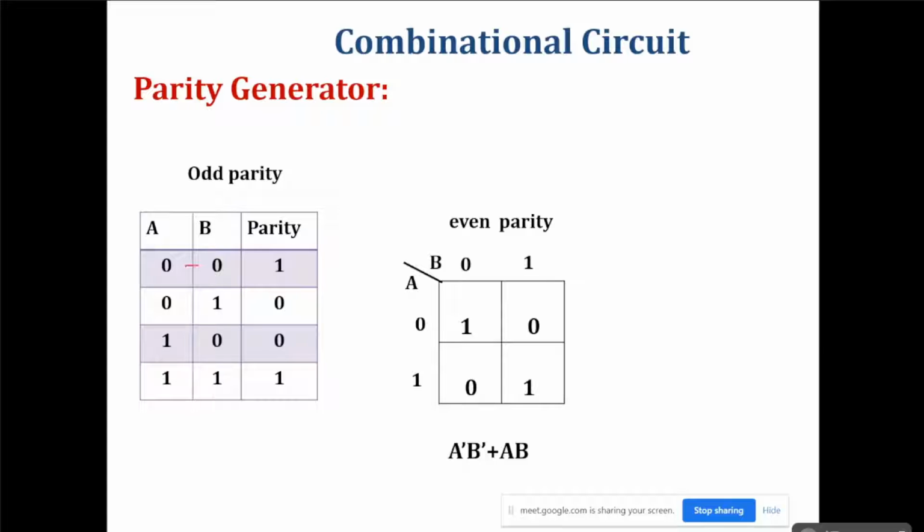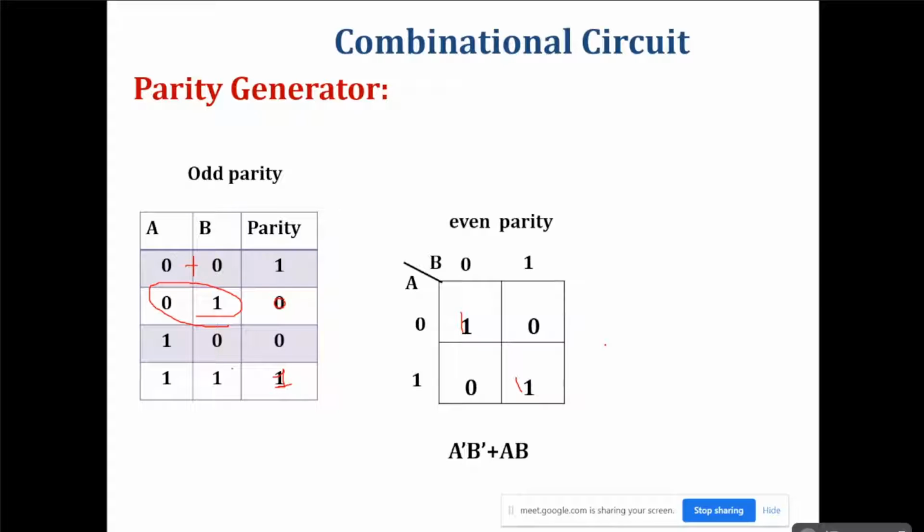Here, this is the odd parity. 0 0, parity is 1. 0 1, because already an odd number of ones are here, we don't want 1 to be appended. 1 0, odd number of ones are here, so parity will be 0. 1 1, even number of ones, to make it odd, we need 1 to be appended. So here parity will be 1.